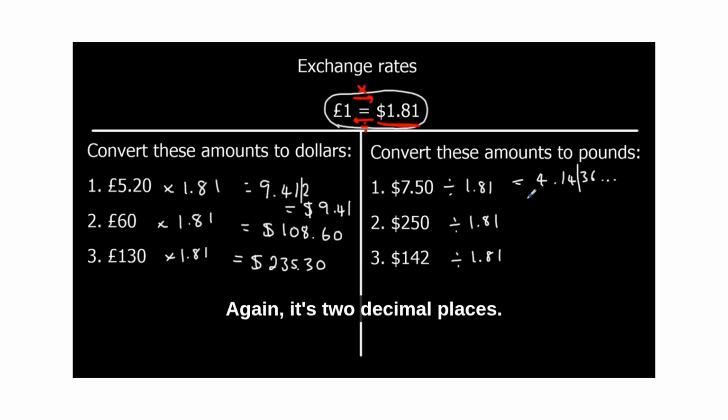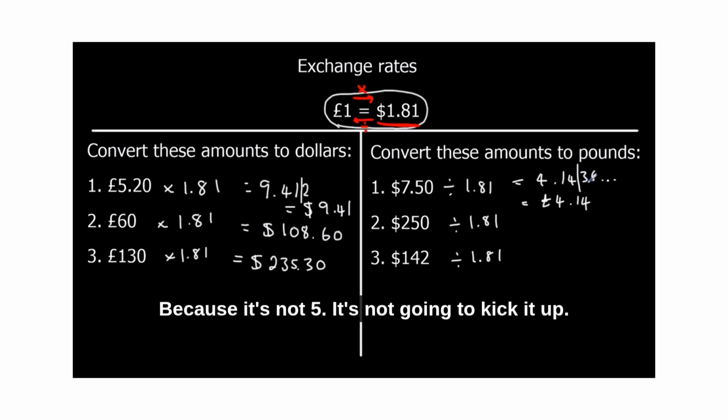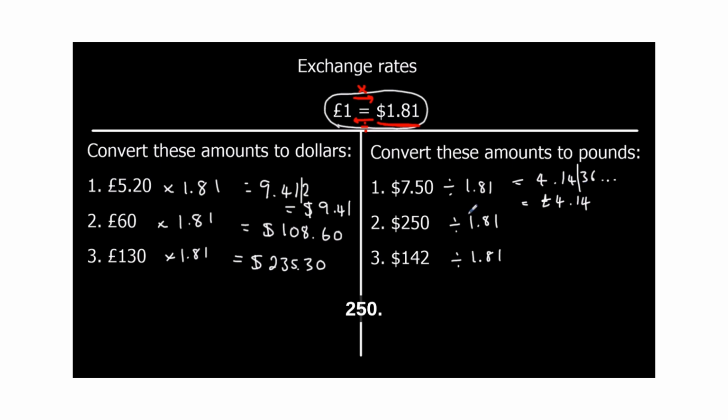Again, it's 2 decimal places, so it's £4.14, because it's not 5, it's not going to kick it up. 250 divide by 1.81 is 138.212547. 2 decimal places again, so £138.12. And finally, 142 divide 1.81 is 78, I'm going to round it straight away, 45.